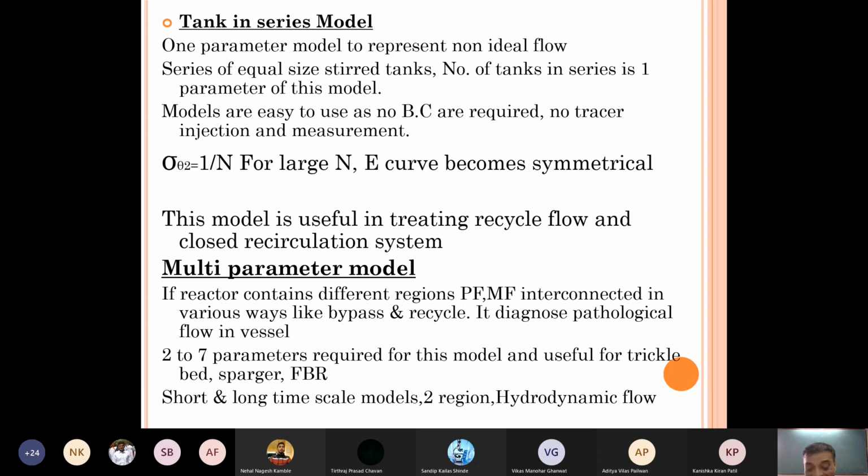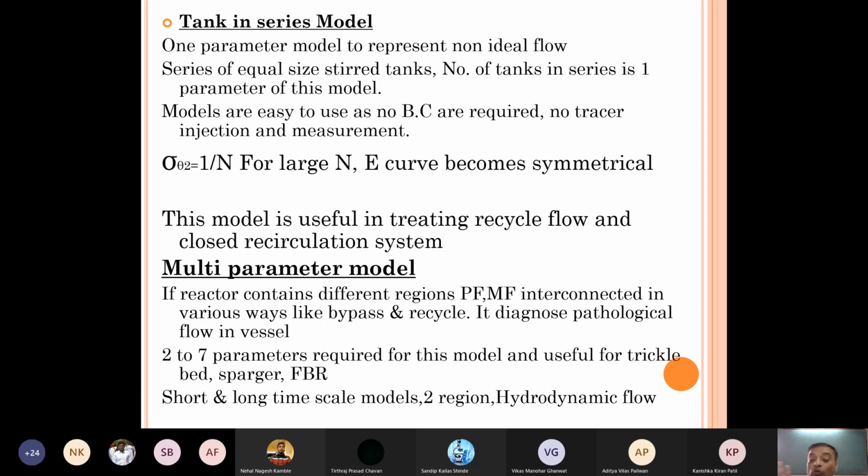Okay, hence if the reactor contains different regions, म्हणजे काय तुम्ही शिकलाय की डेड झोन, stagnant pockets, मधीच plug flow, then mixed flow, again plug flow. So a combination of flows are there in one reactor only. Okay, interconnected in various ways. We may have bypass in the same reactor. We may have recycle in the same reactor. Yes.